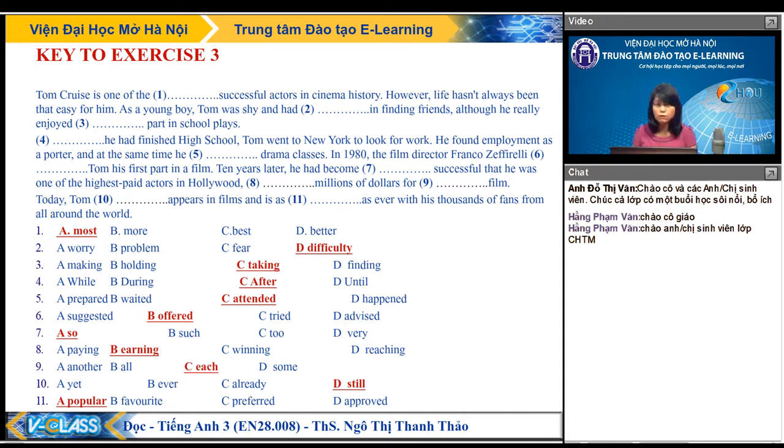So, successful that. So here is followed by an adjective. Such is followed by a noun. Right? So the answer here is so. Number 8. Alright, so come on to number 7 here. He became so successful that he was one of the highest paid actors in Hollywood.